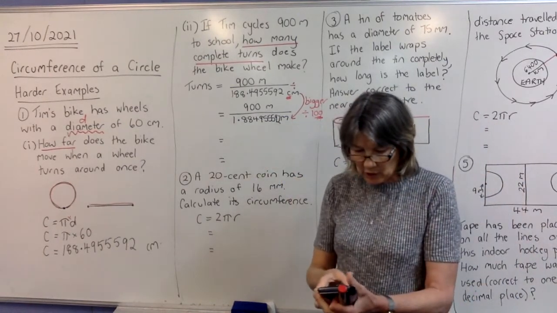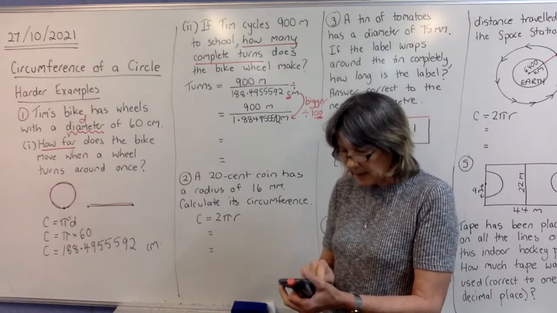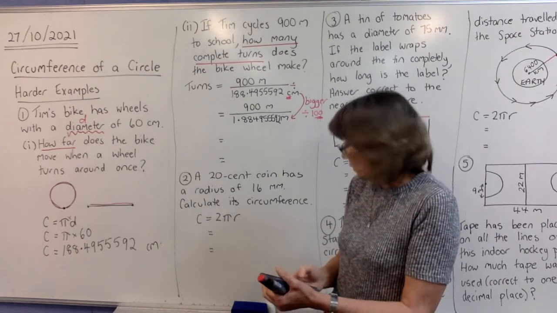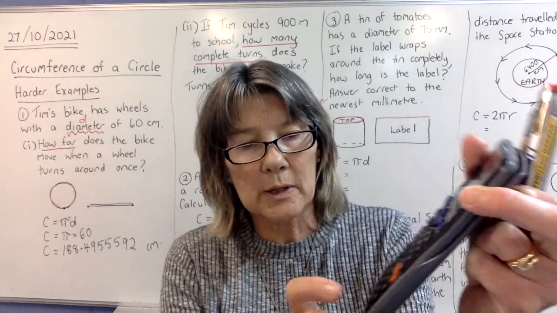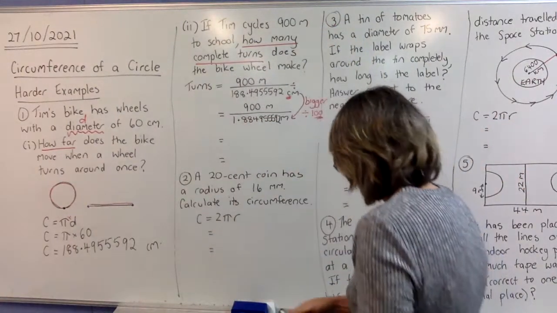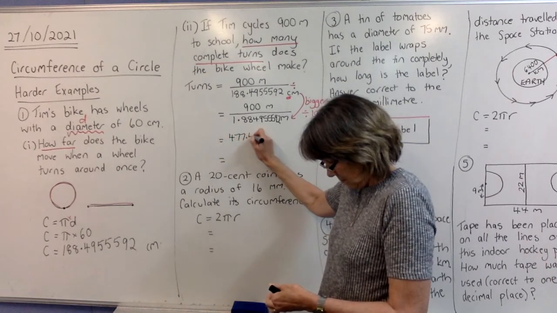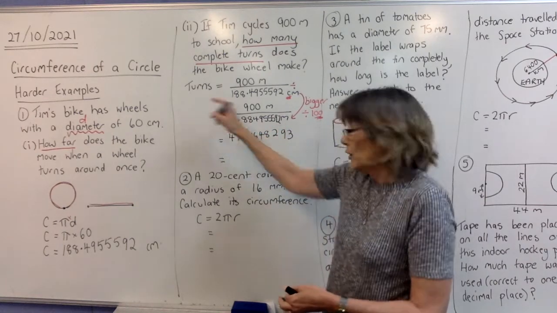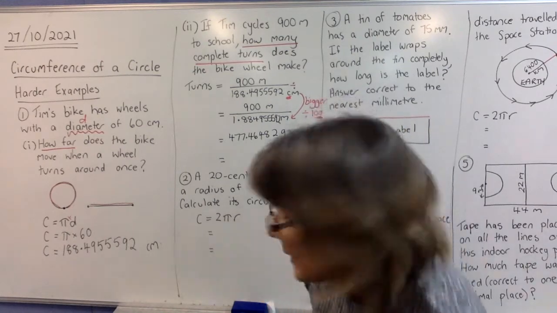Just press the fraction key, 900 on the top, down arrow, and we're going to do 1.8849555592 on the bottom, then press equals, and that's the answer we have. So we're going to write that down. And that's how many turns we're going to be doing to get ourselves to school for 900 metres.